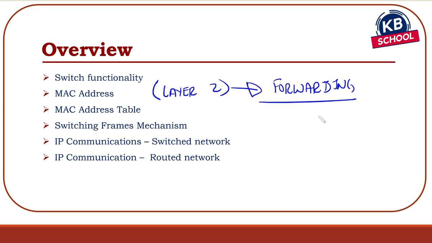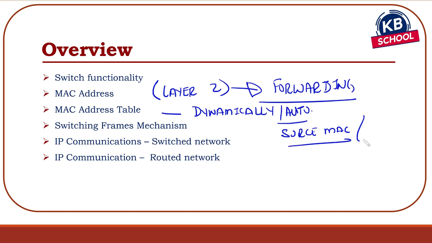The MAC address table, how it was built, we learned that it is built dynamically and automatically by looking at the source address of an incoming packet. The switch checks the source MAC and the corresponding port that the source MAC came in from, and builds a MAC address table.